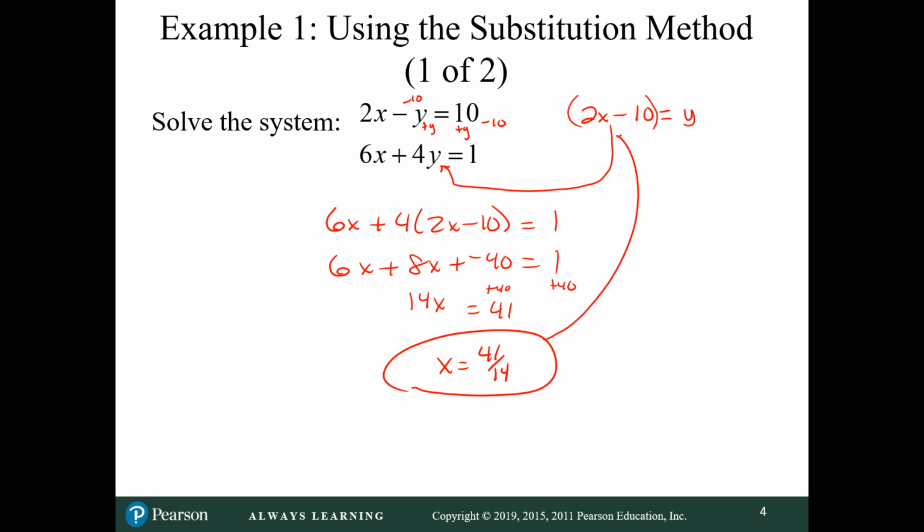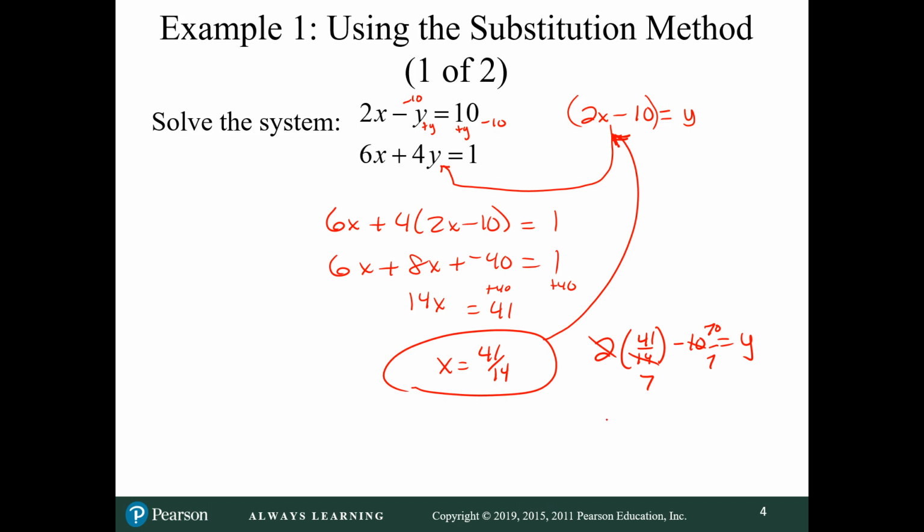So then, once you figure out x, you plug that back in, not the original equation, but the equation that you had alone for y. So you take 2 times 41/14 minus 10 equals y. So you have 41/7 minus 10, and 10 is the same as 70/7, because 70 over 7 is 10.